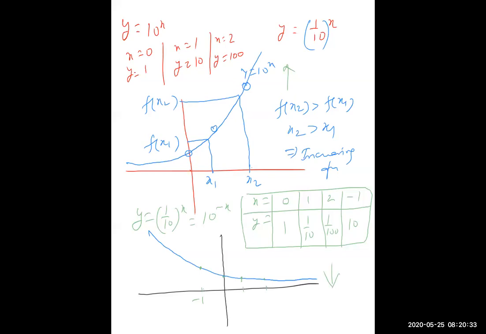You can see here, this is x1, this is x2. So x1 is smaller, x2 is higher. This point is f(x1). This point is f(x2). So f(x1) is more than f(x2), but x1 is less than x2.